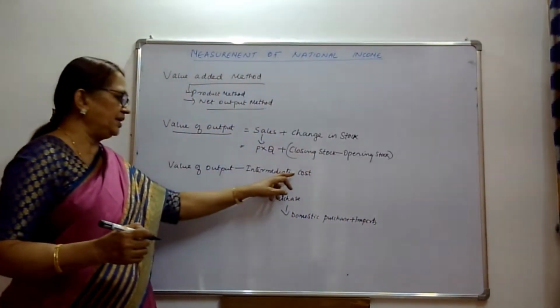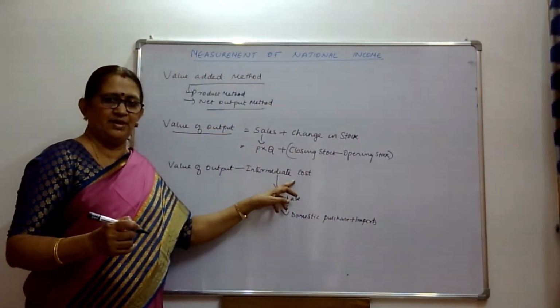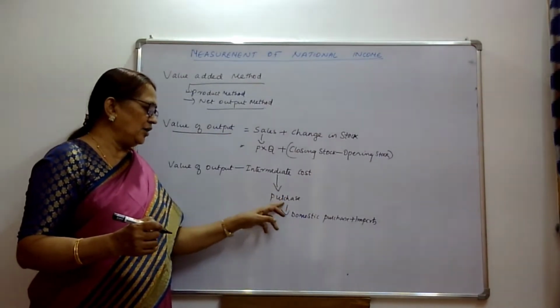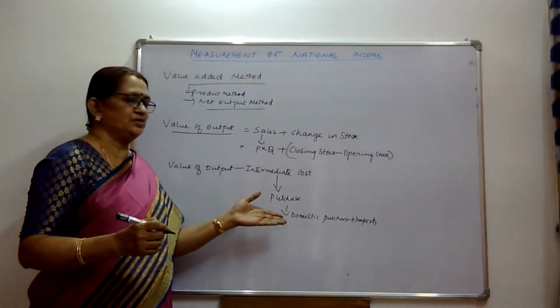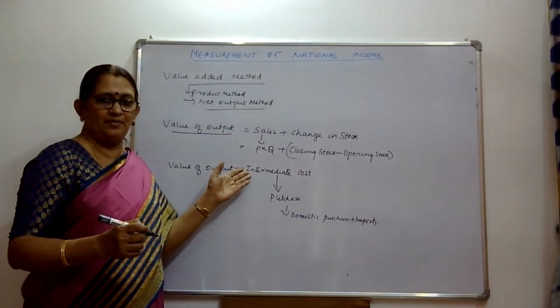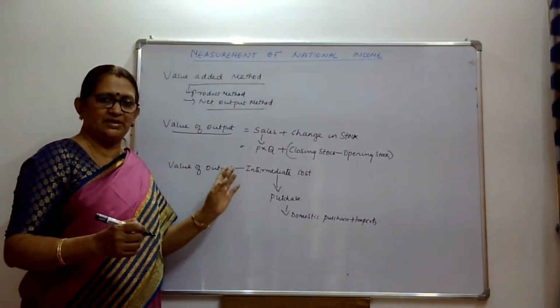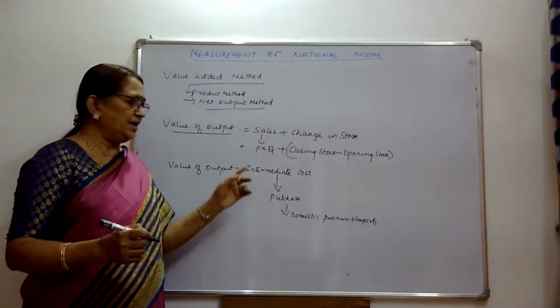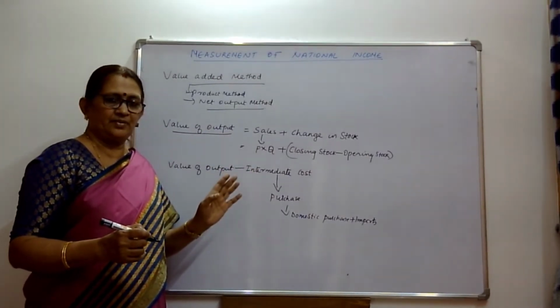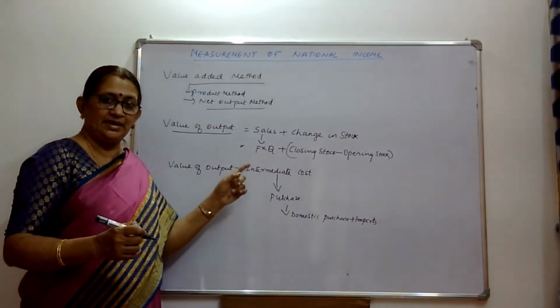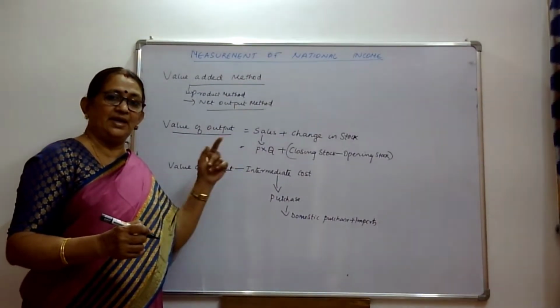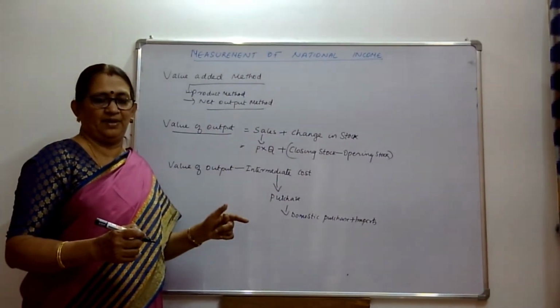So, if intermediate cost or intermediate consumption is given, there is no need again to add domestic purchase. Please take care. In the question, either purchase will be given or intermediate cost. But if intermediate cost is given, then domestic purchase and import may also be given.